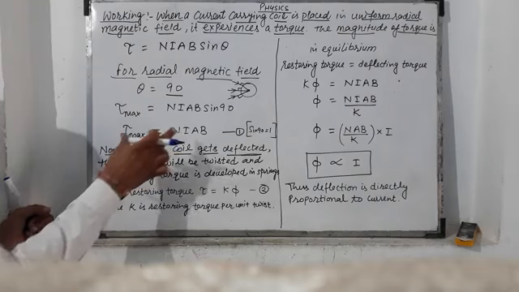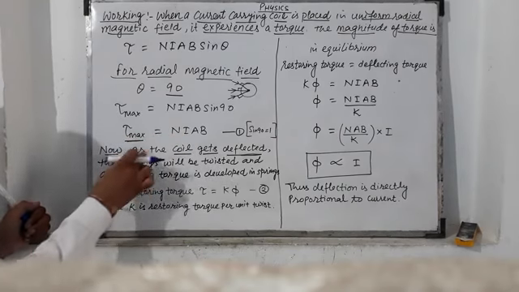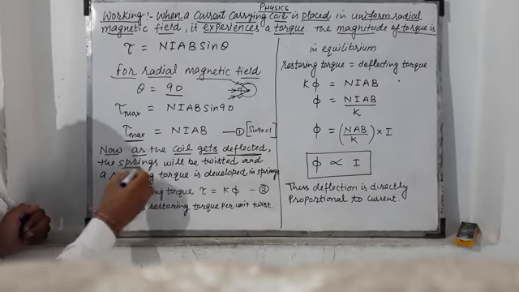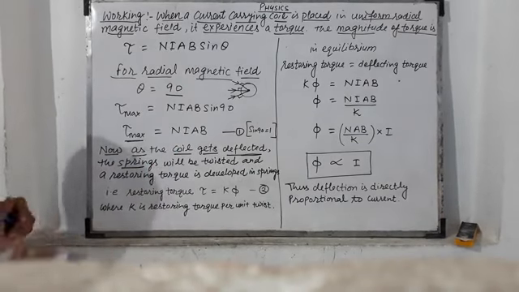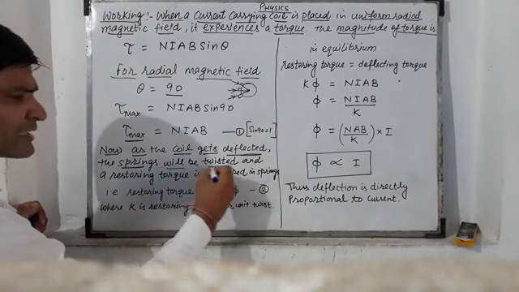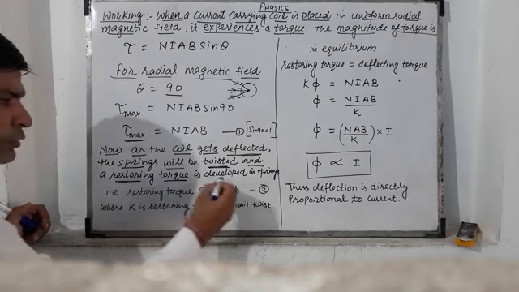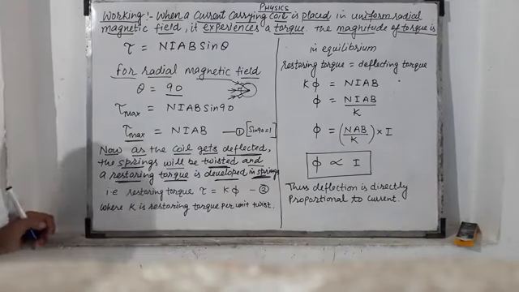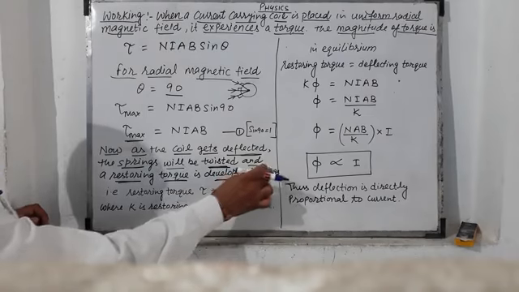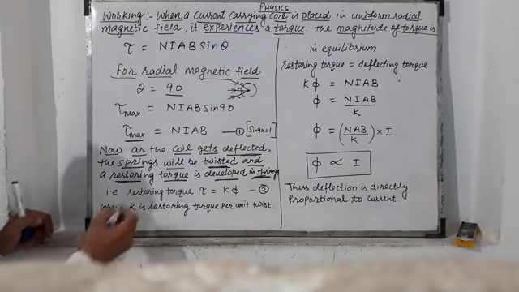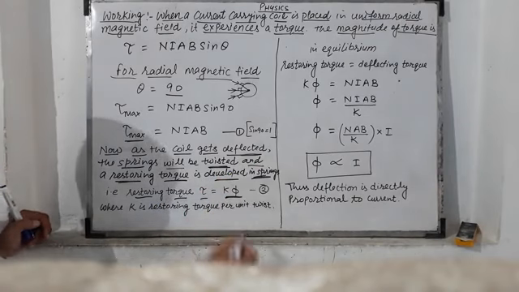As the coil gets deflected, the springs connected inside will be twisted, and restoring torque is developed in the springs. The restoring torque is tau equal to K phi.